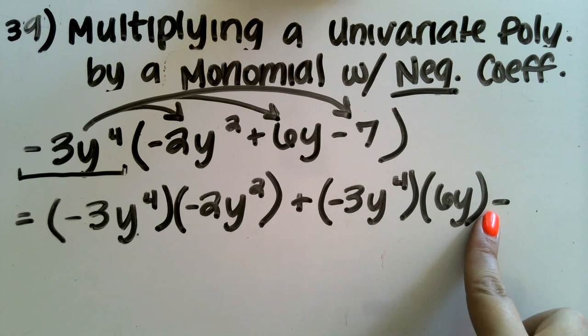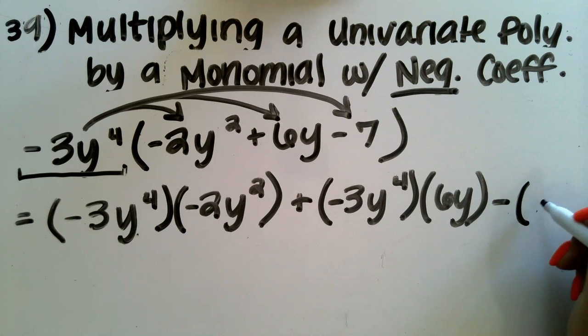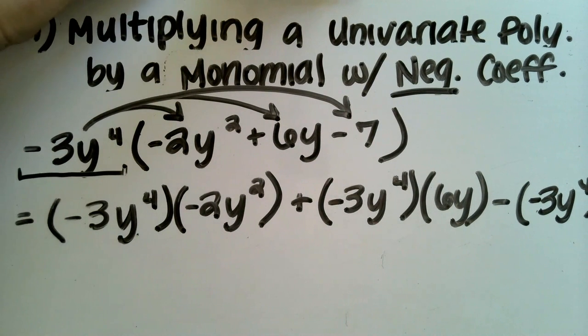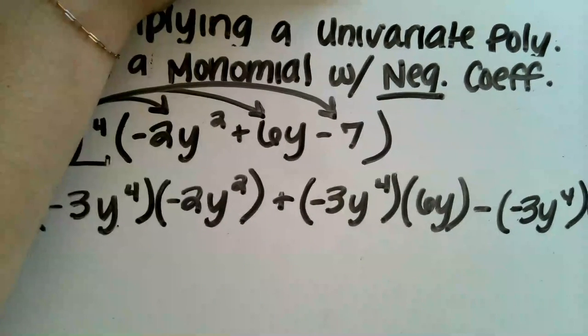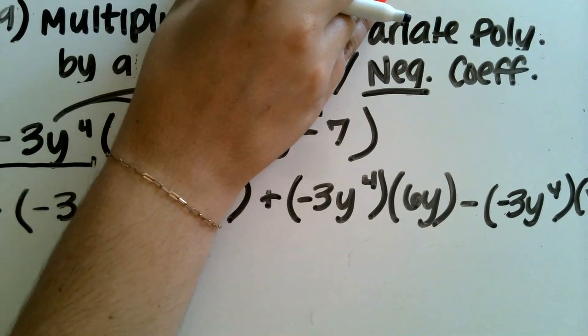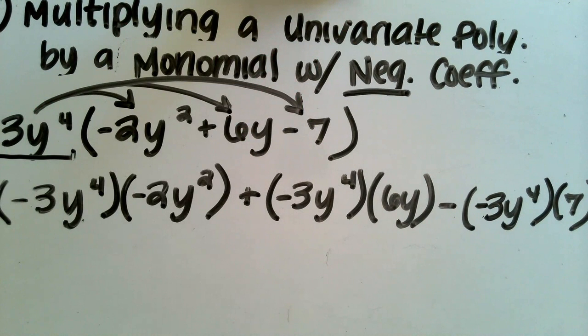Okay? We are subtracting this next term. And again, we're going to multiply negative 3y to the fourth times 7. Getting a little cut off, my apologies. There we go. Getting a little long.